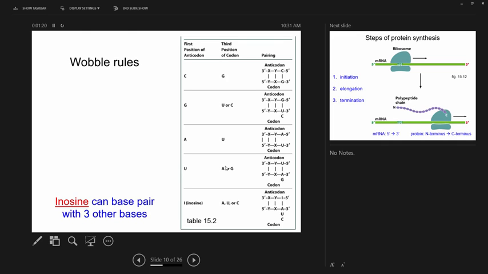So let's look here. So if there's a G right here, normally you would expect a C down there, right? And if there's a U, then you're not going to get those 3 base pairs that normally occur between a G and a C. So how does it bind in there? So instead of being straight on, it's tilted just a little bit, but the first and second codons are still there.